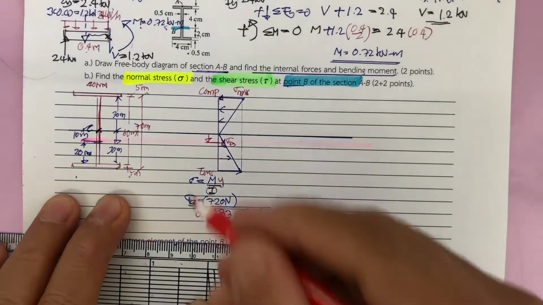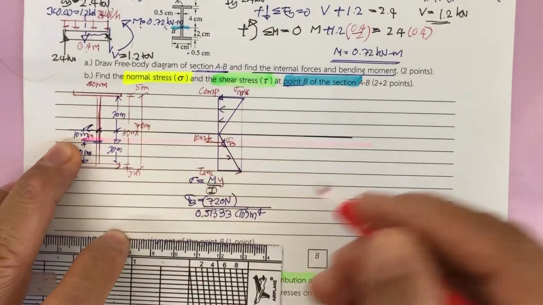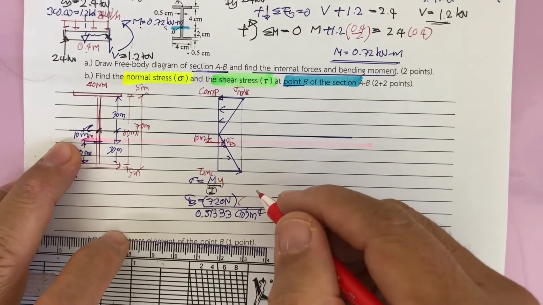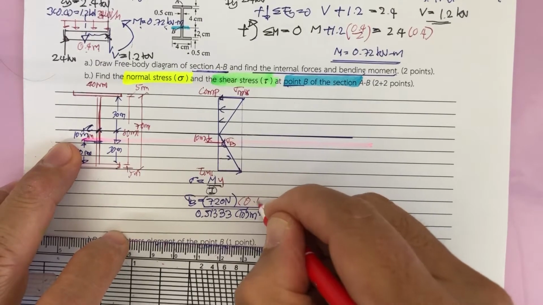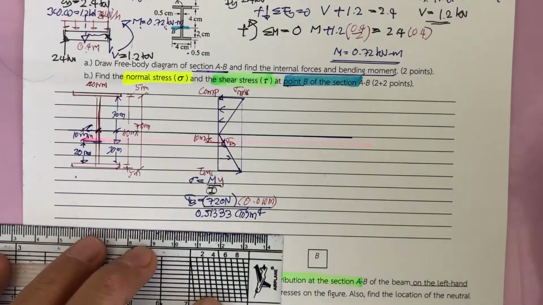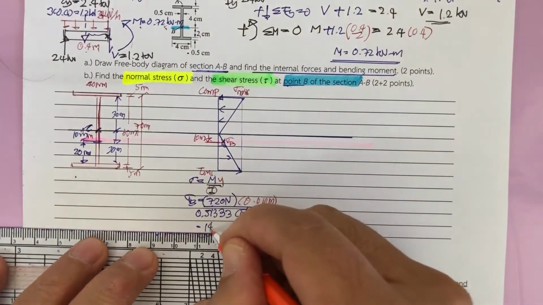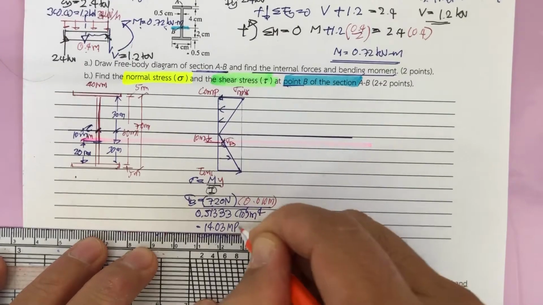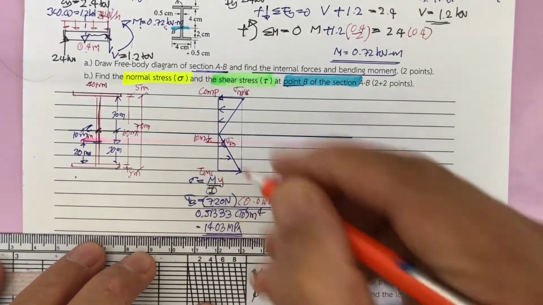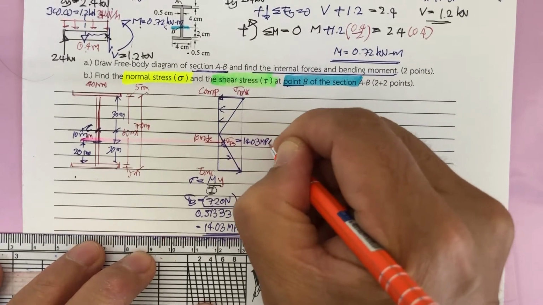And then this is 10 millimeter, so in meter this is going to be 0.010 meter. You put this into your calculator, and you will get the stress here of 14.03 megapascal.